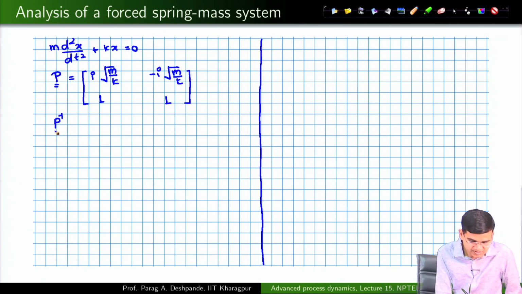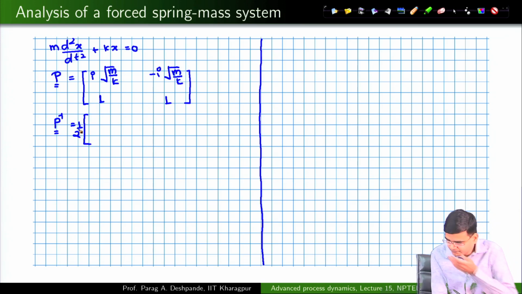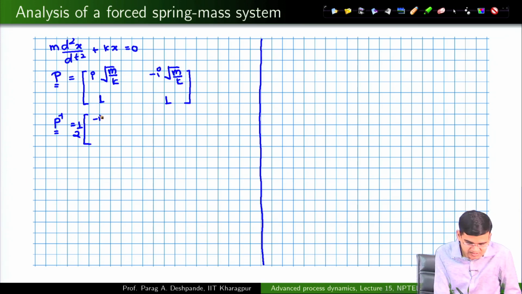P inverse was 1 upon 2 times minus I root over k by m, 1, I root over k by m, 1.